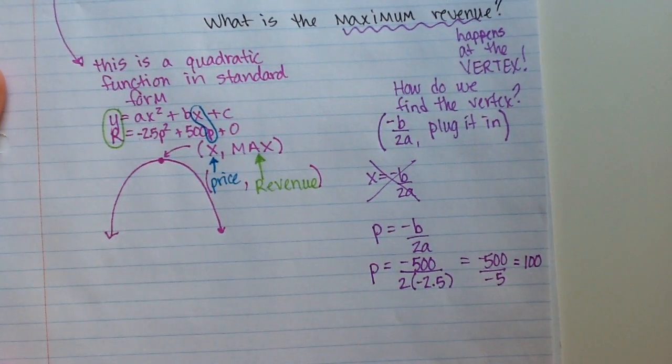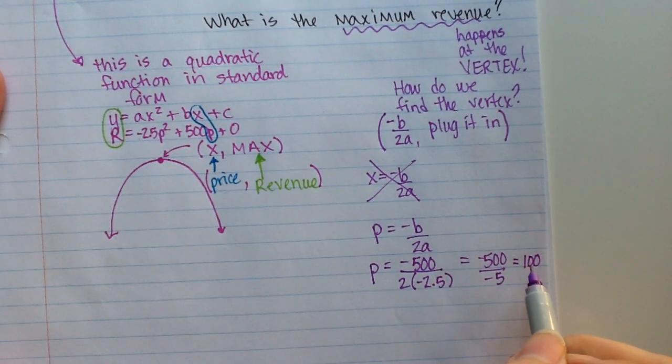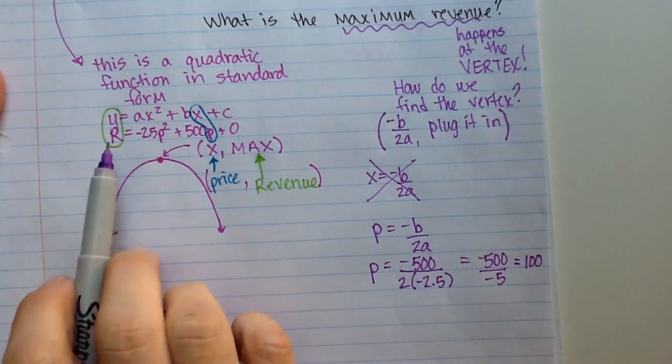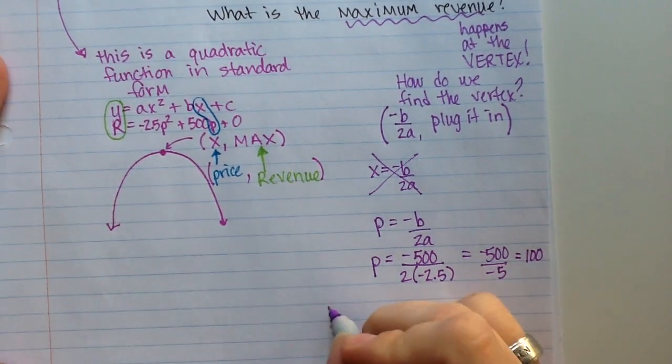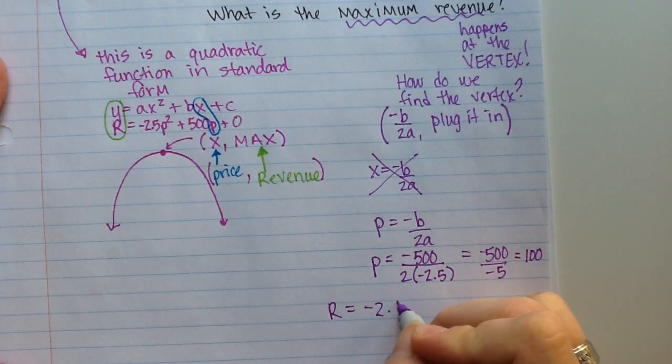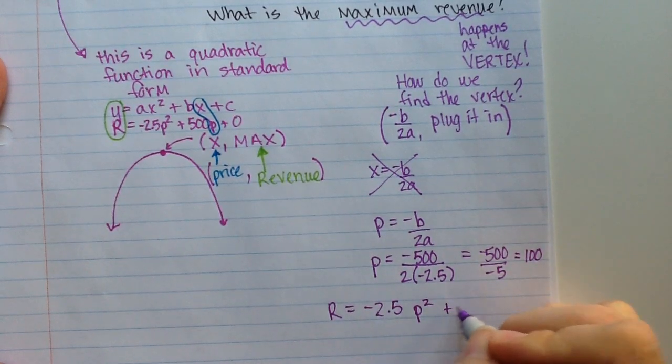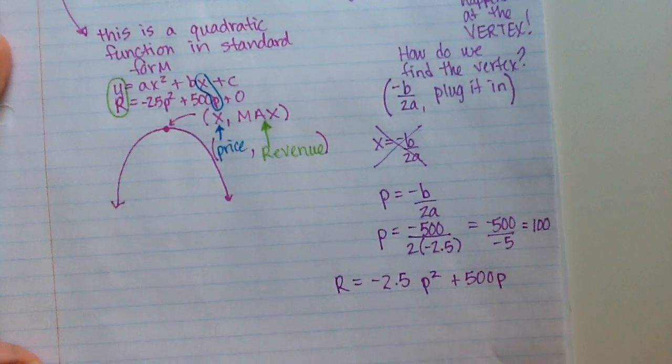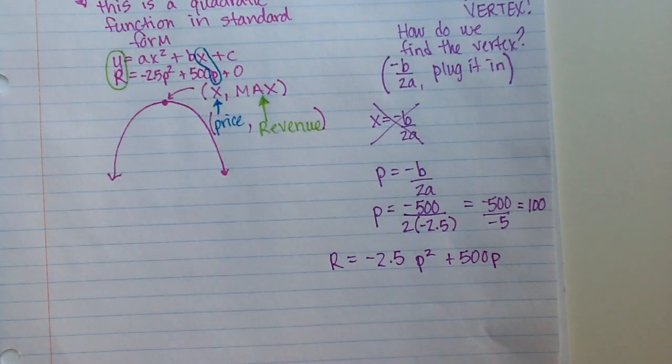Now to get our y-coordinate, we're going to substitute 100 into our function. We'll take R equals negative 2.5p squared plus 500p, and replace the p with the 100.